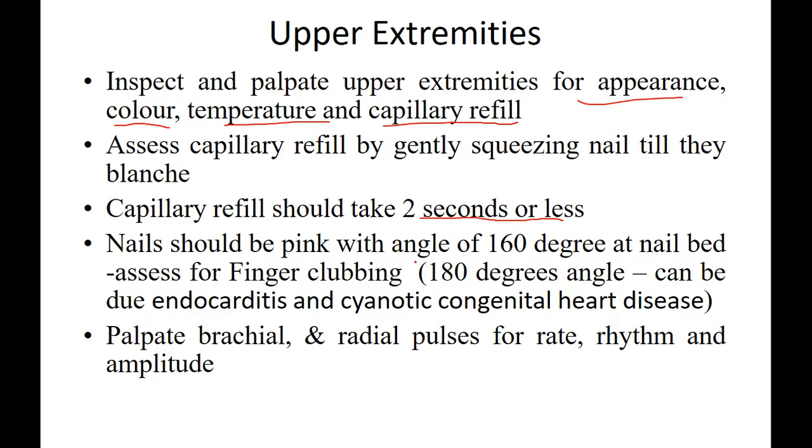So nails should be pink with the angle of insertion normally of 160 degrees at the nail bed. So you assess for finger clubbing. If the fingers are clubbed, you find that the angle of insertion of the nail at the nail bed will be 180 degrees. And this can occur due to infective endocarditis or due to cyanotic congenital heart diseases.